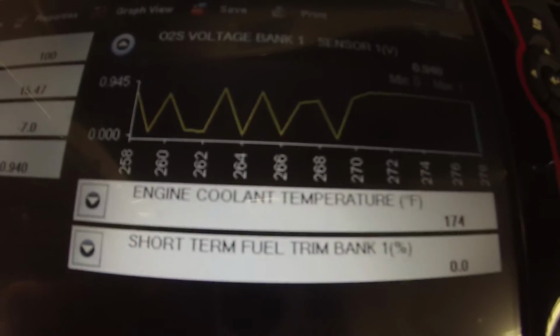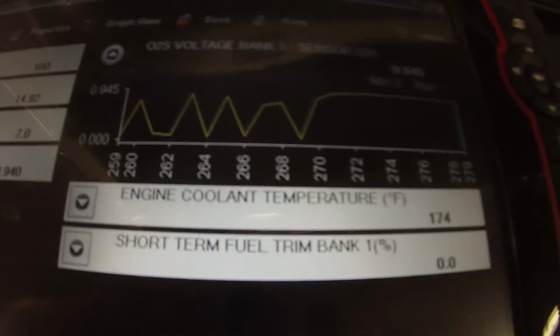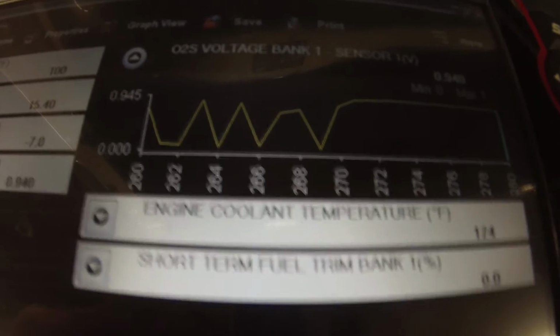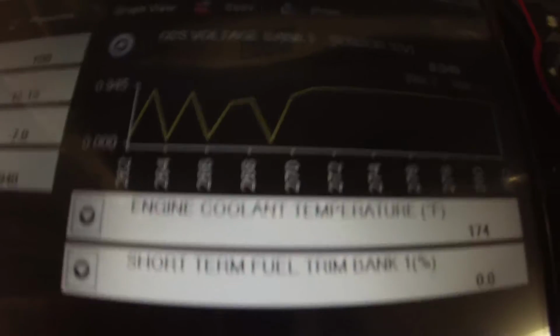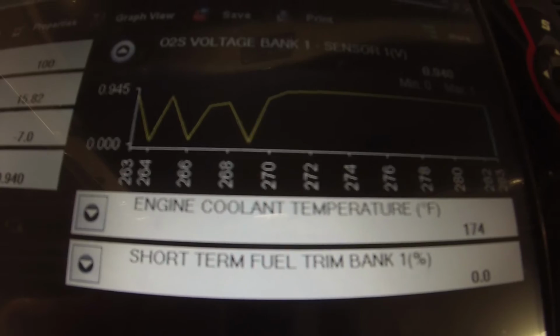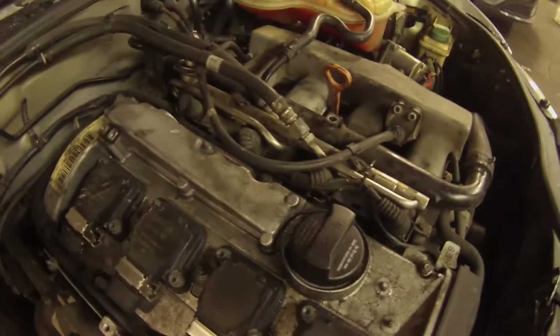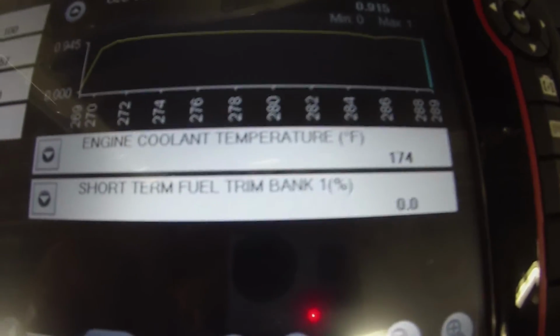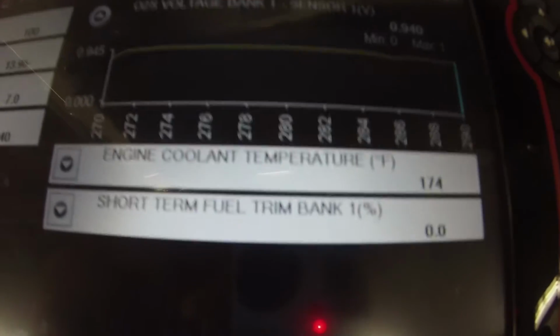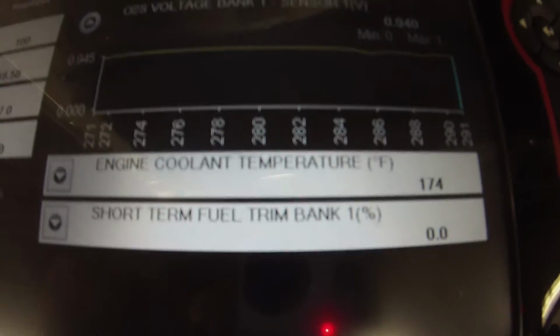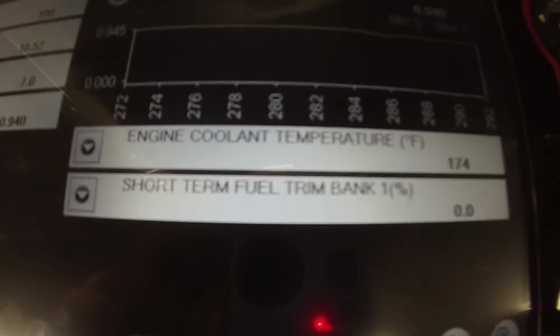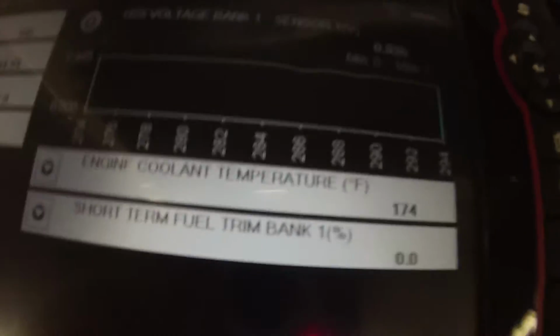My short term isn't being looked at right now. There we go. So now it's going to rev up a bit, jumping around. Short term was negative.